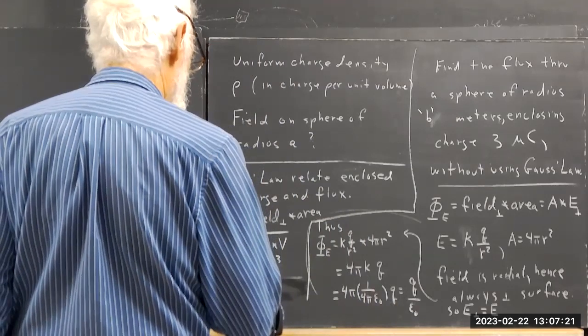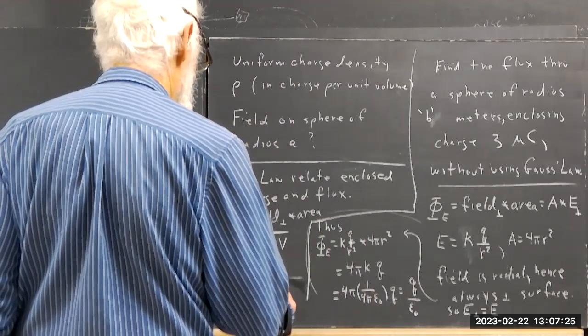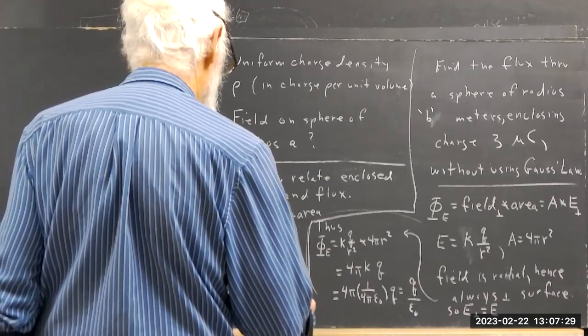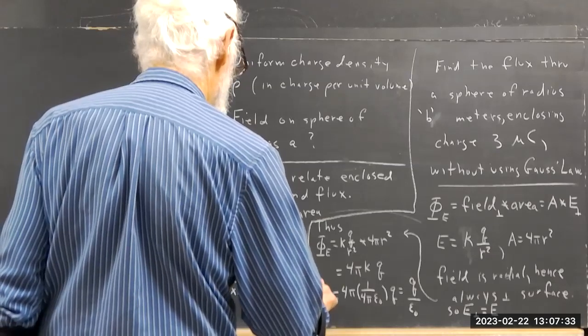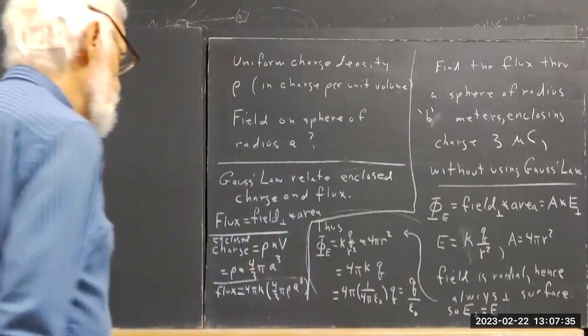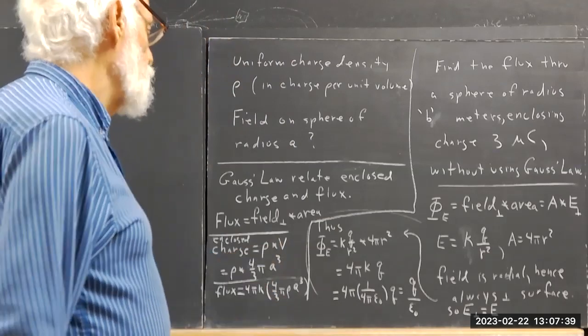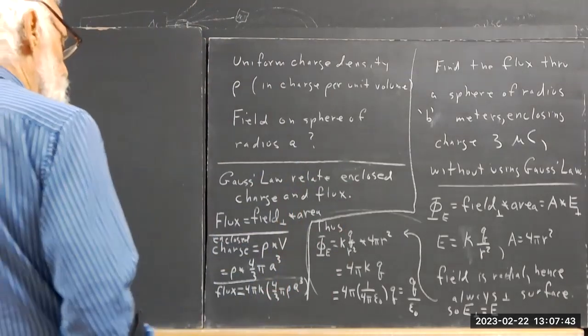Flux is four pi k times 4/3 pi rho a cubed, right? Okay.